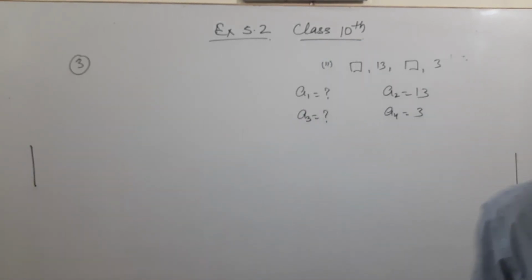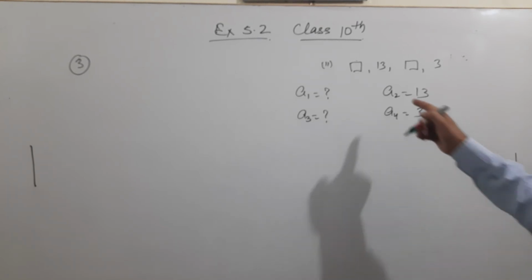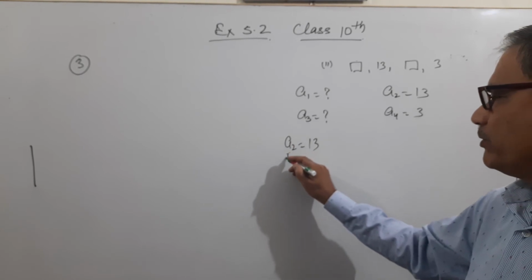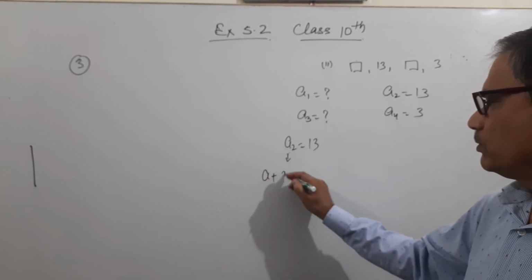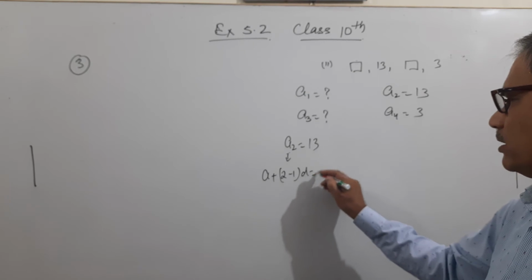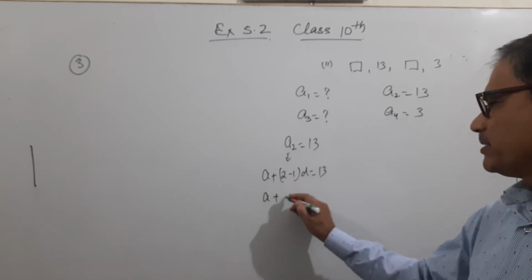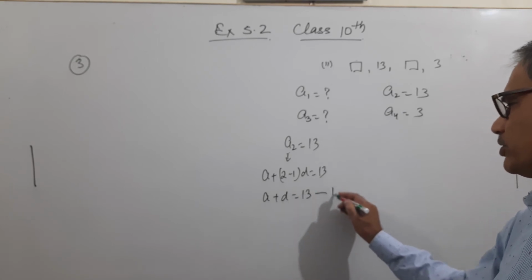Now, we apply A2. We know A2 is equal to 13, so what is the formula of A2? A plus (2 minus 1) into D is equal to 13. Now simply I will write A plus D. Here A plus D is equal to 13. This is equation number 1.